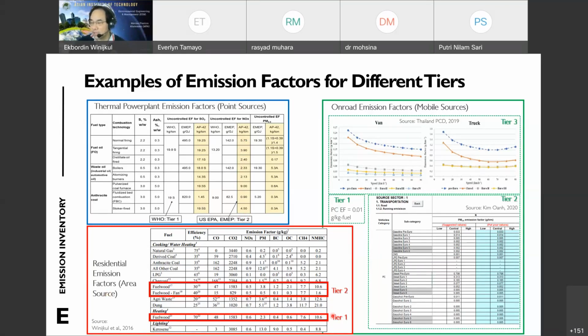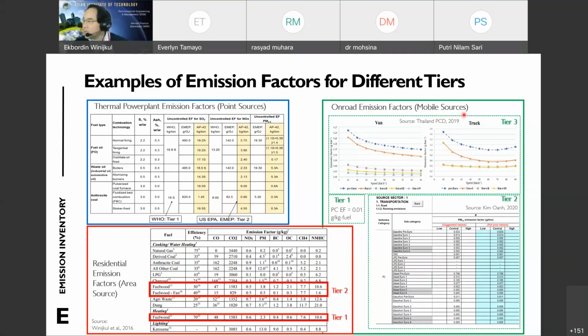And if they have the information on the technology, for example, on the top is fuel wood, meaning maybe a traditional stove, and then the one below is fan, meaning an improved stove that includes the fan to improve the efficiency by adding more oxygen into the combustion chamber. In this case, we consider it as a tier 2 emission factor.